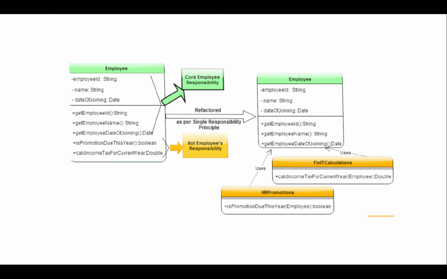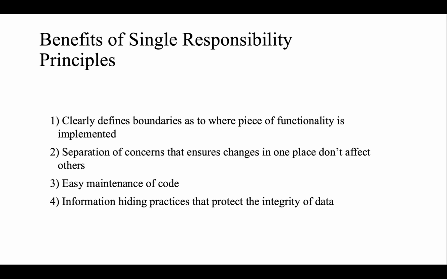Now let's go ahead and check the advantages that we are getting if we follow the single responsibility principle. So first and very important, if we follow the single responsibility principle, we are clearly defining the boundaries for the functionalities. That's a very big achievement. So whenever code in one block is changing, it will not affect the code in other blocks, which also gives us the second advantage, that is separation of concerns.